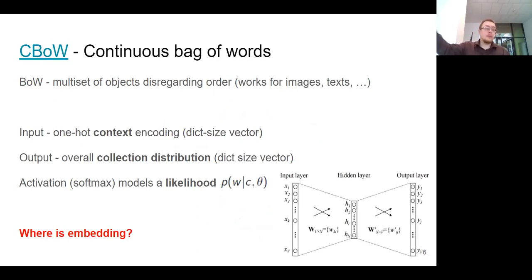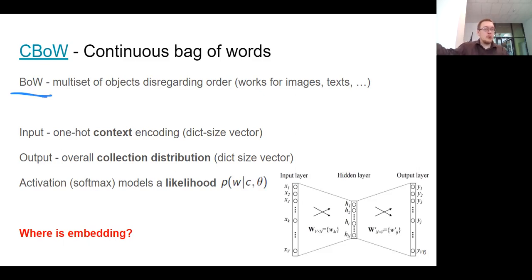Continuous bag of words. I used this term multiple times, but I want again to emphasize that bag of words is an approach which represents some real world object, it can be a sentence, a person, whatever, with a multiset. Multiset means we don't care about the order, we care about the count. It doesn't mean that bag of words is just the thing which can be used for words.